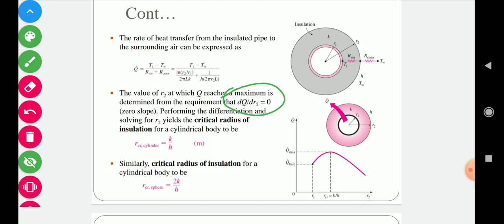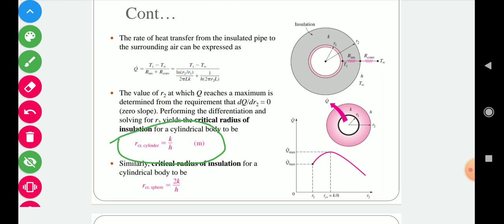So for that you have to differentiate this equation with respect to R2 and then put the value equal to 0. After that you will get this equation. This is called critical radius of insulation for a cylinder, which is equal to k upon h. It means the thermal conductivity of the material divided by the heat transfer coefficient.